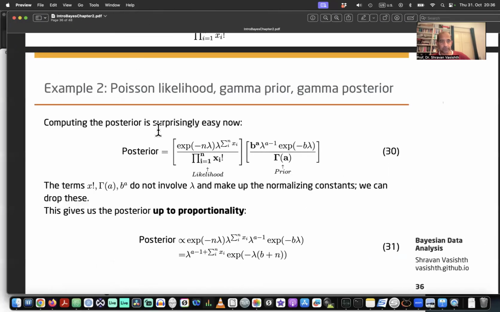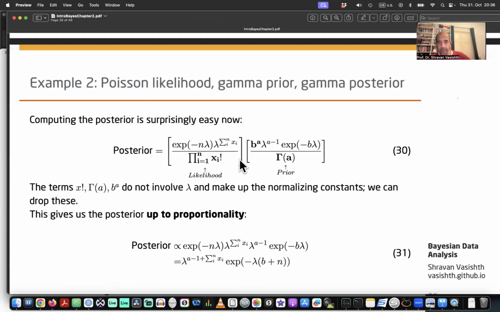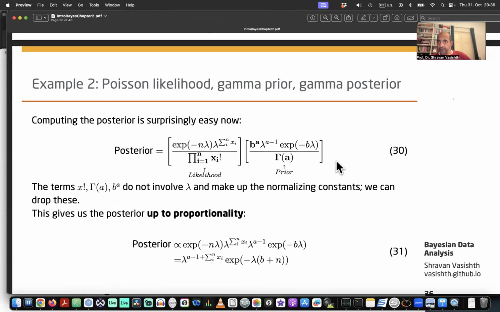Because all we have to do is take this term that I just developed for the n data points and multiply it with the gamma prior. This is the PDF of the gamma. Now, one thing to notice in this equation, which looks horribly complicated, equation 30, is that certain terms in this equation are actually constants. And in fact, they together constitute the normalizing constant, right?